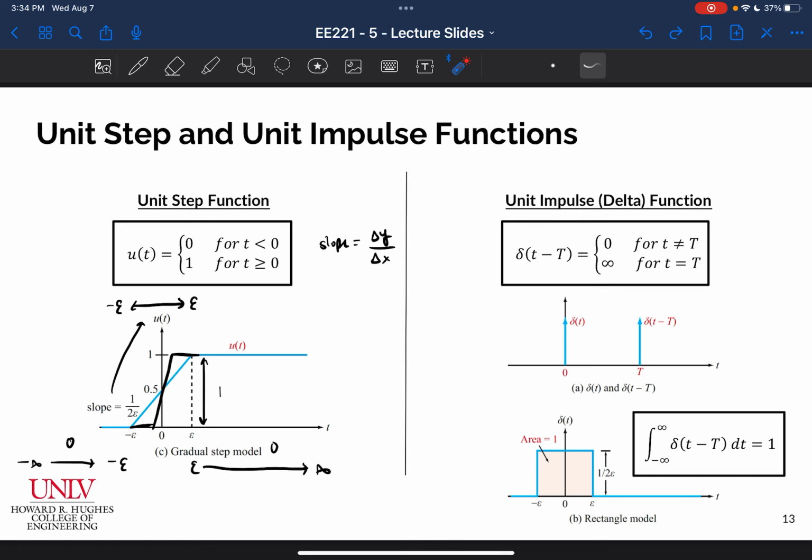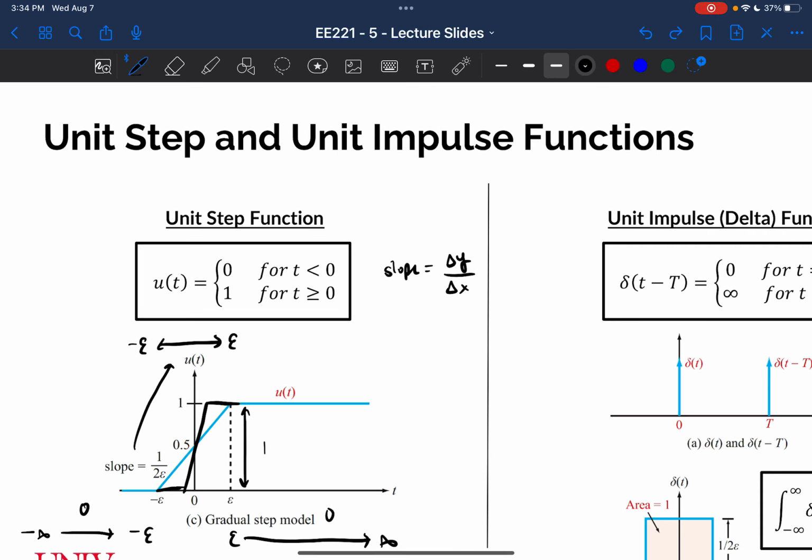And so let's take a look at this delta function now. Let's write that out again. The slope of u of t, or basically the derivative of u of t with respect to t, we just said is going to be 0 from negative infinity up to negative epsilon, and also from positive epsilon out to infinity.